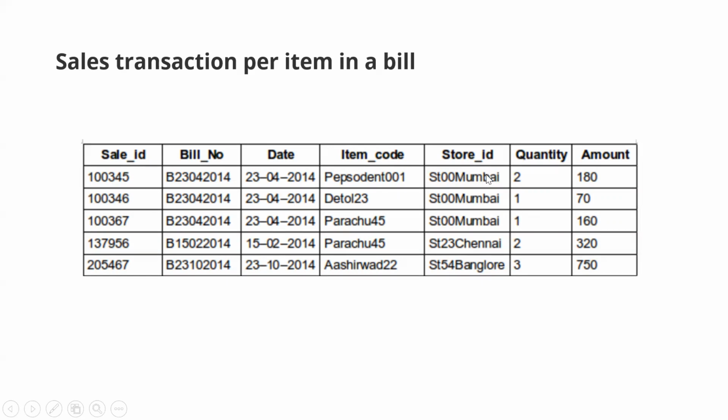Now, the main two columns in this fact table are quantity and amount. It's one kind of fact table called a sales fact table. Now, what is the grain of this fact table? That is sales transaction per item in a bill. Sometimes our business BT will say this to our architect in this kind of logic.